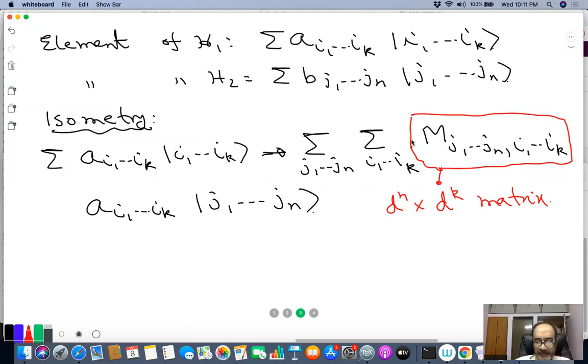And it's clear from this that if you want the norm to be preserved, this is of course an orthonormal basis. Okay.